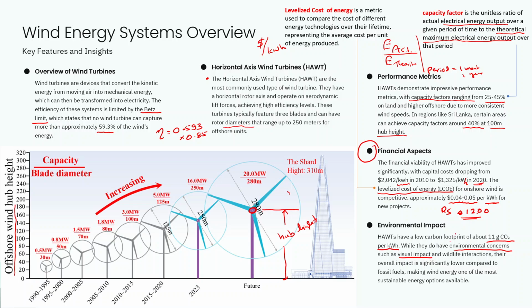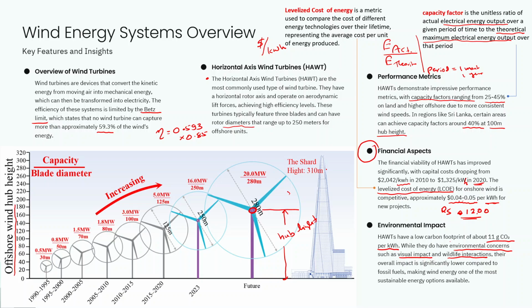The other one is wildlife, the birds. Sometimes birds come and hit the blades, because they can't judge the rotational speed and can't go through the wind blades, so sometimes they hit and die. That kind of situation can also occur.